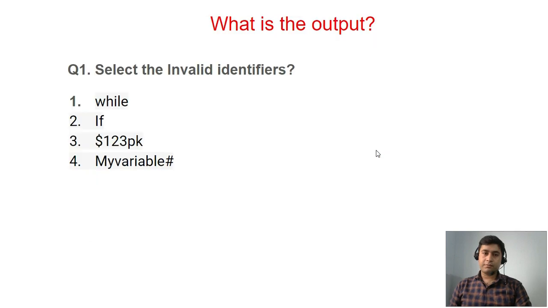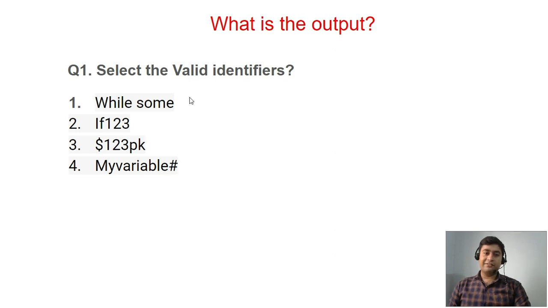Here we have some input and output. You have to select the invalid identifiers. While is invalid, if is invalid. What about this one? Yes, this one is valid, and this my variable is invalid. Like that you have to select invalid or valid identifiers.